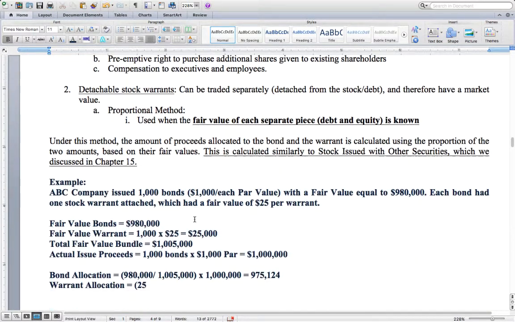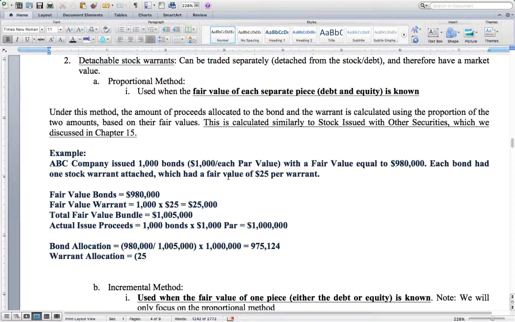So, as an example, ABC Company issued 1,000 bonds with a fair value equal to $980,000. Each bond had one stock warrant attached, which had a fair value of $25 per stock warrant. Therefore, the fair value of the bonds was $980,000. So we know the fair value of the debt.